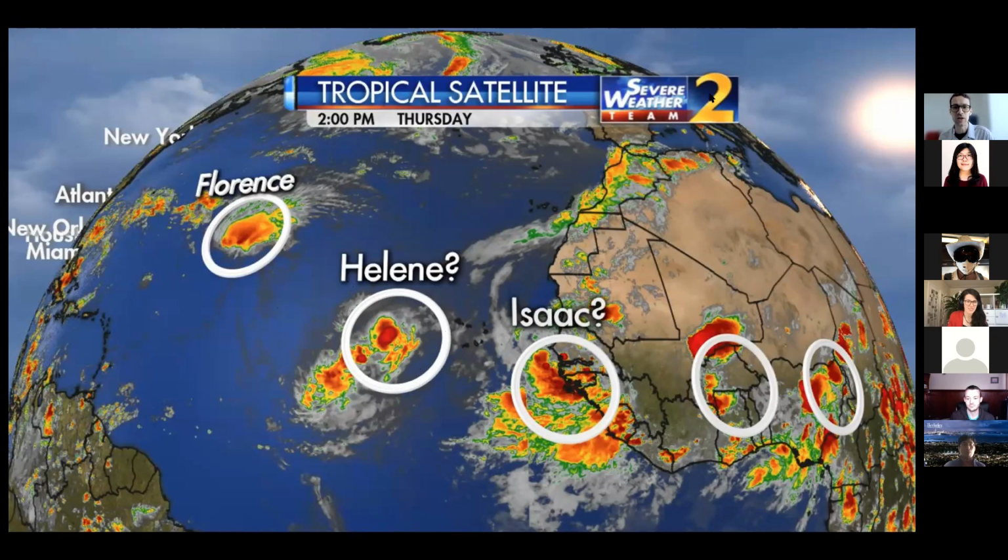And this is actually an image from a TV weather station. If you watch the Weather Channel routinely, you may have heard that many of the Atlantic hurricanes form from storms that actually originate over Africa. And you can see the two disturbances that are so disorganized and weak that they haven't even been named yet, are sort of forming here over this region of Africa.